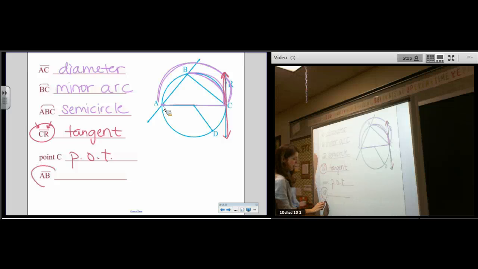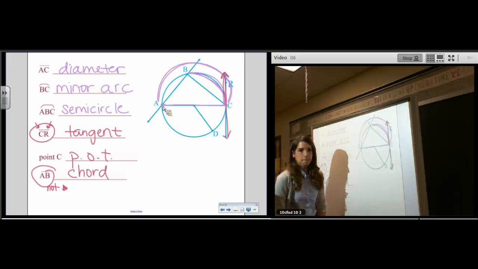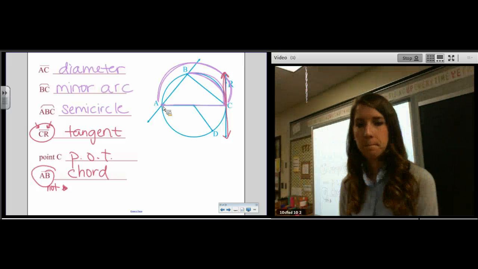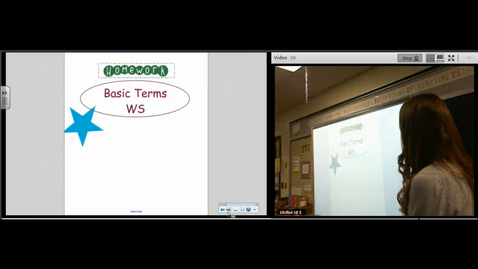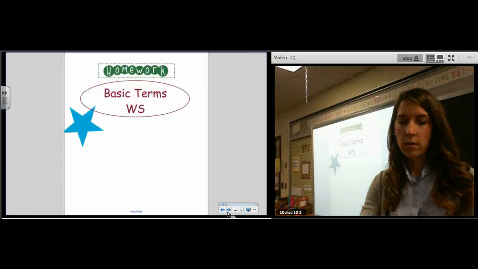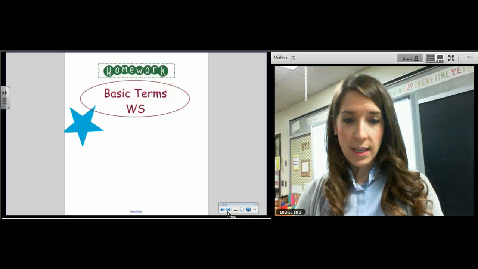Now this one does not have arrows. So if you're trying to decide if it's a chord or a secant, it would have to be a chord, because a chord doesn't have arrows and a secant does have arrows. Okay, so that's all that we're doing for this lesson right here.